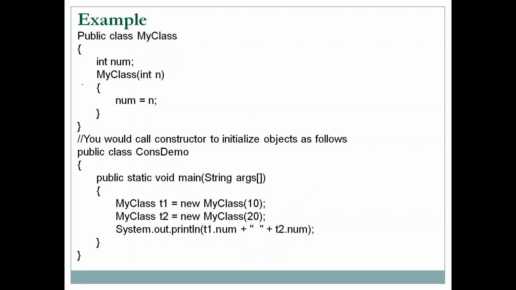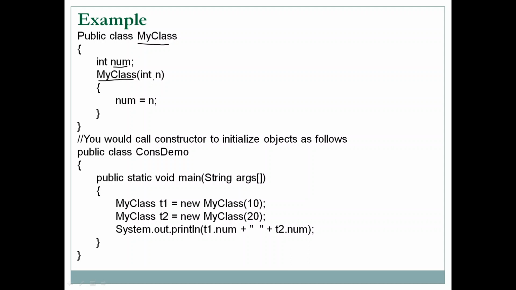Okay, let's look at one example. We have public, with a small p, public class MyClass. So our class name is MyClass. Inside this class we have a variable called num, of type integer. Then we have declared a constructor, MyClass, and if you look at the name of the constructor, it matches the name of the class, and that should match.